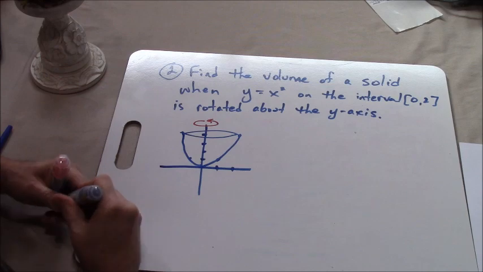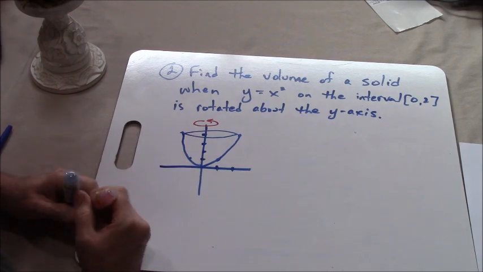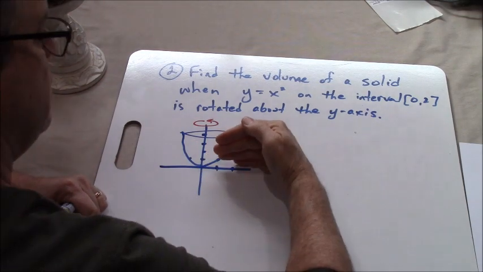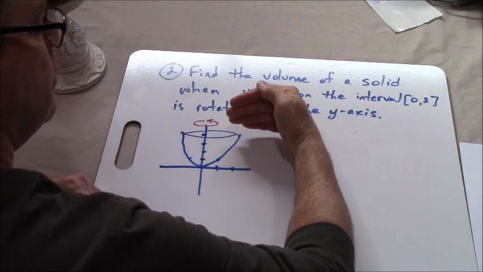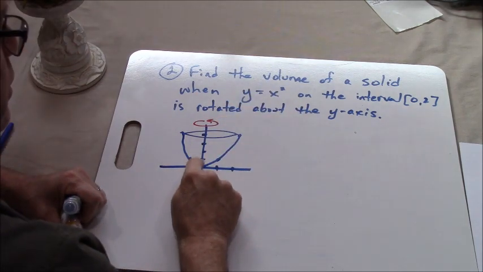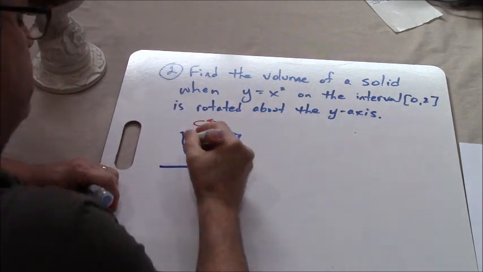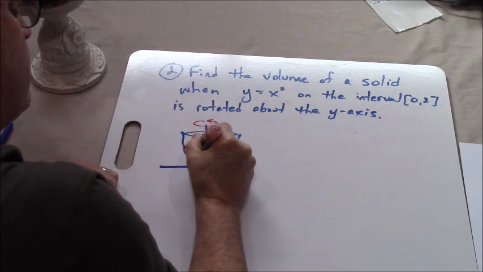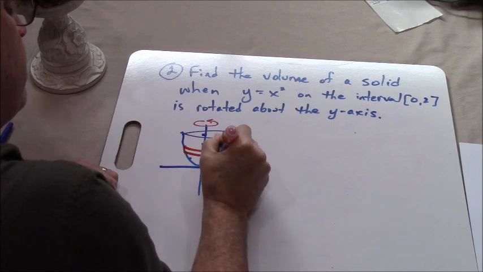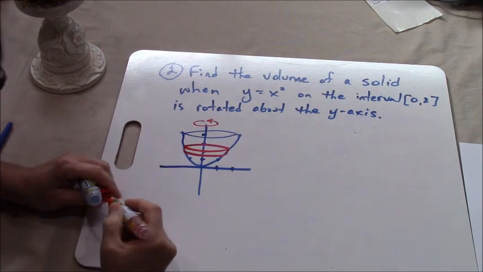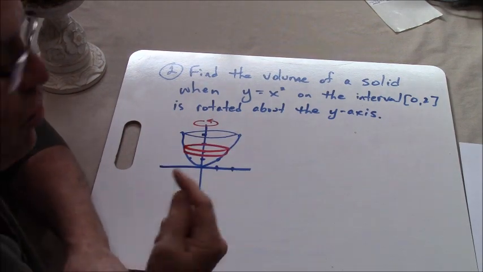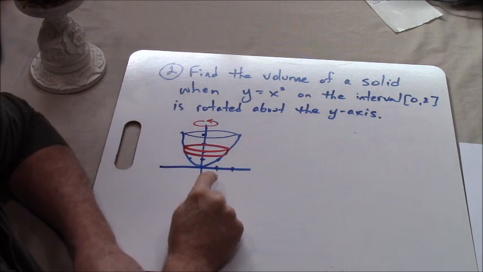And since I rotate it around the y-axis, now my discs are going to stack vertically with the smallest one down here, the largest one up here. So here would be one of those discs. And you guys, I think this is really important that we draw this picture.